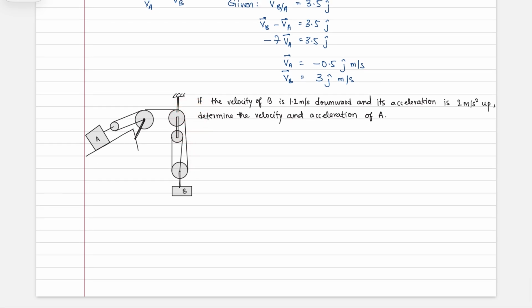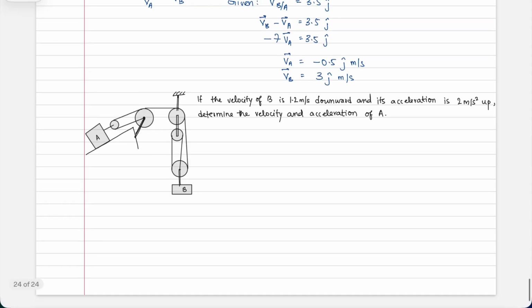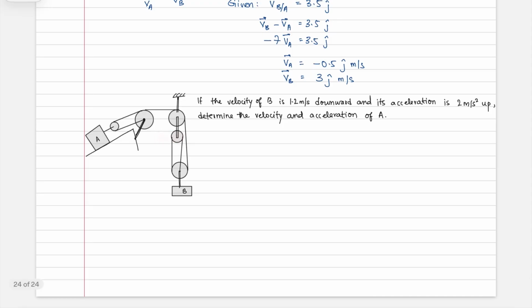It's up to you. I will choose to measure from here. So you can see that there's this pulley here. It's held from this position here, and this pulley is held in relation to this. It's rigidly fixed. So I'm gonna measure it from here as y, and from here as x. Again, try it for yourself.